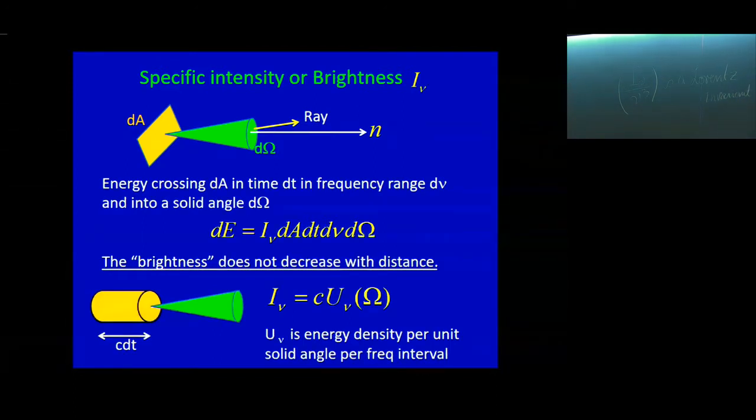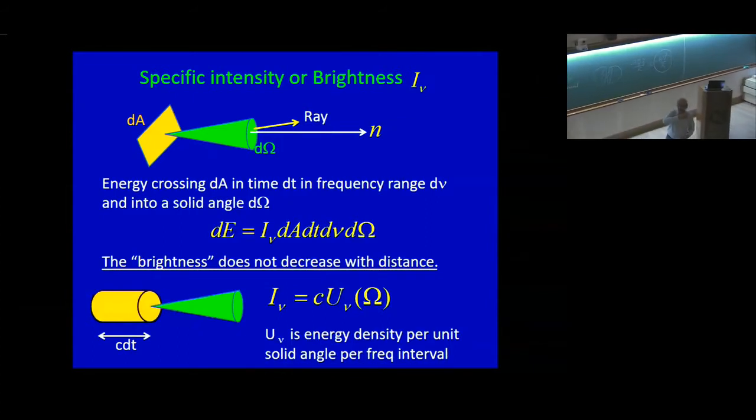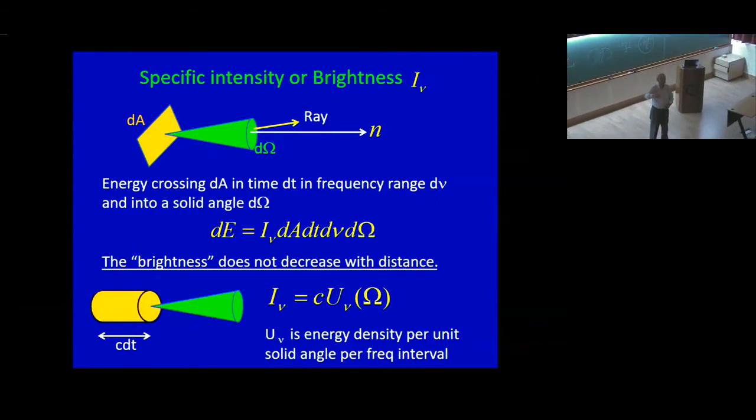What that means is sometimes when we look at quasars and objects like that, there are motions which are relativistic. So we know in relativity, the length of the object appears different, the rate of ticking of the clock appears different, brightnesses will also appear different. And at that time, if we ever get to that point to discuss quasars, remember that this quantity I nu over nu cubed is a Lorentz invariant, and I recommend that you try to convince yourself of that.